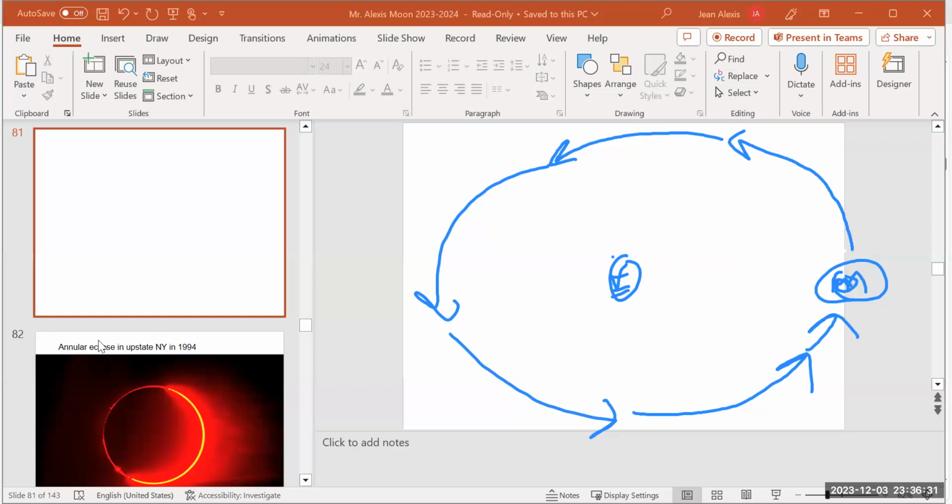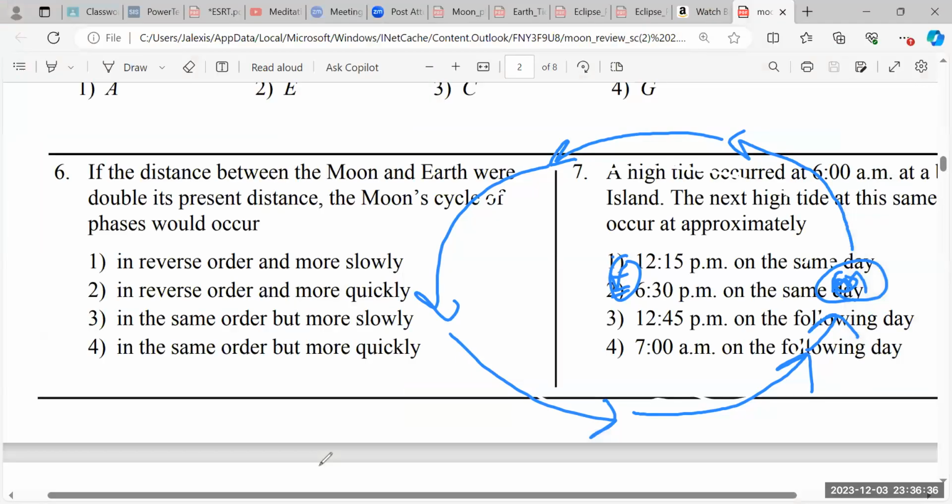So when I look at my choices, one of the things that I see automatically is that it's not going to be in reverse order, because the only thing that changes is just the distance from the Earth. So it's still revolving counterclockwise.